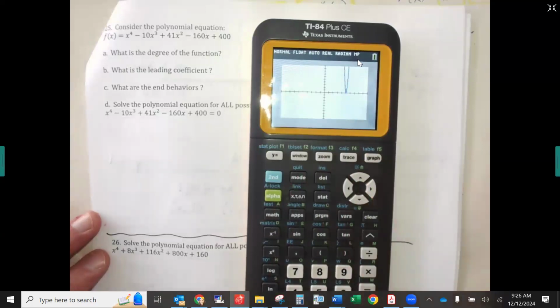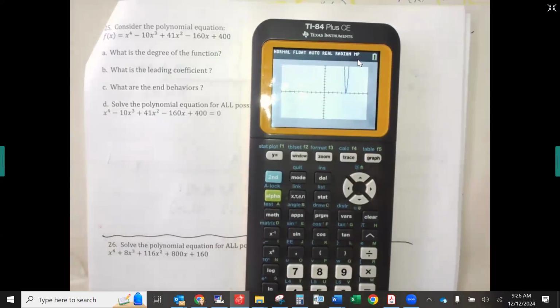Okay, so when you graph it, all you're going to see is a little sliver of the graph like this.